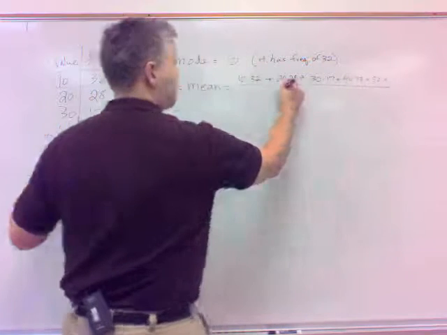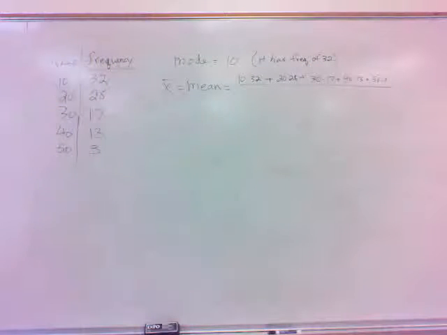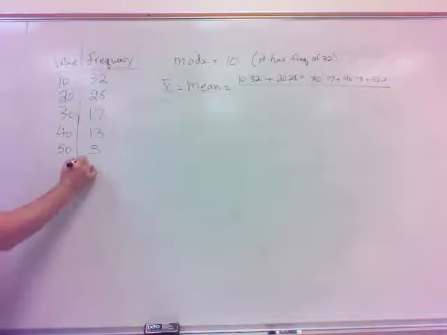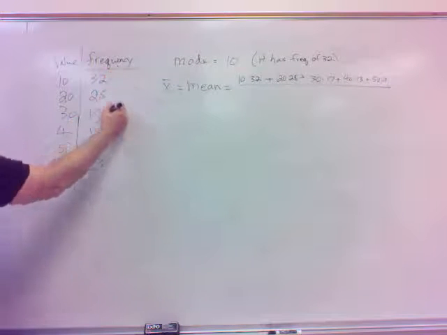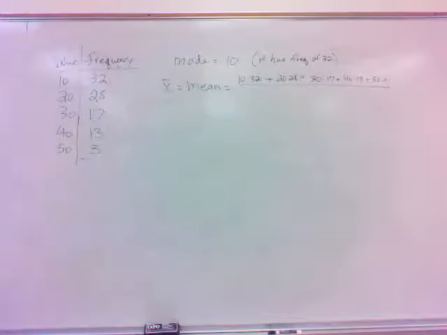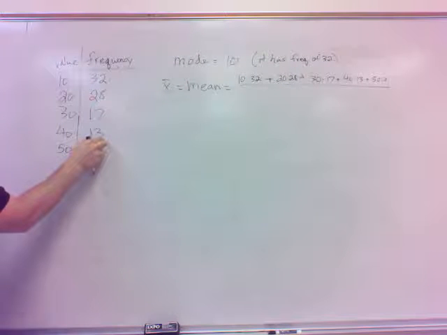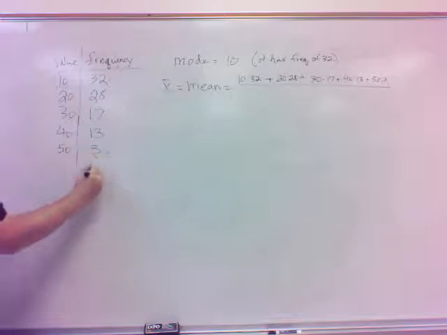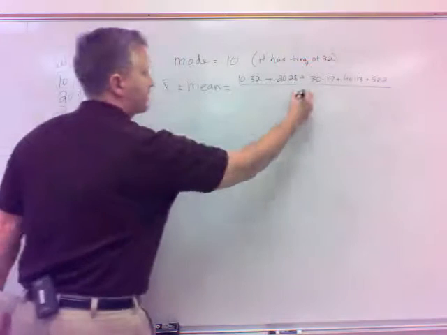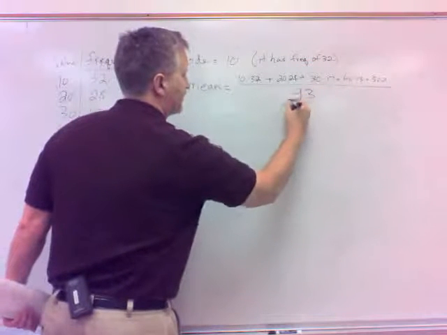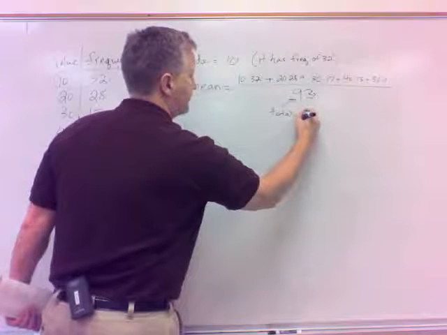Multiply those together, then add them up, and then we're going to divide by, what do we divide by? 5? No. I don't divide by 5. I divide by the total of the frequencies. Yeah, you add up all the frequencies. So that's 60, 77, 93. 93 is the total there, so that's what we divide by here. Okay? Divide by the total of the frequencies.